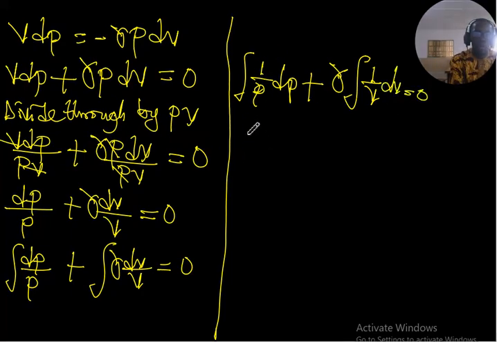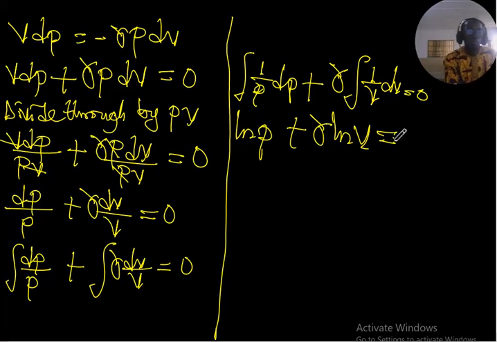So the integral of 1 over P gives us ln P plus gamma times the integral of 1 over V, ln V, equals a constant.